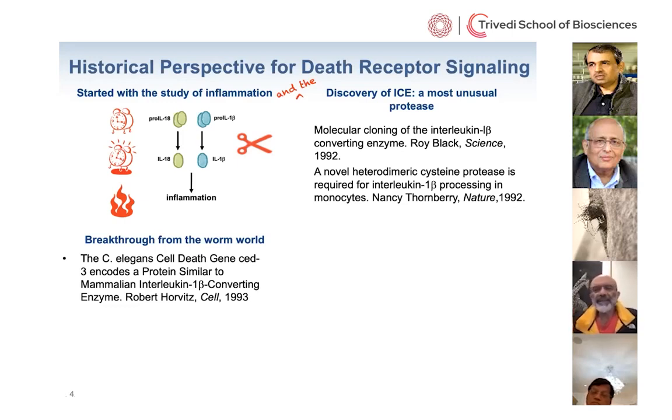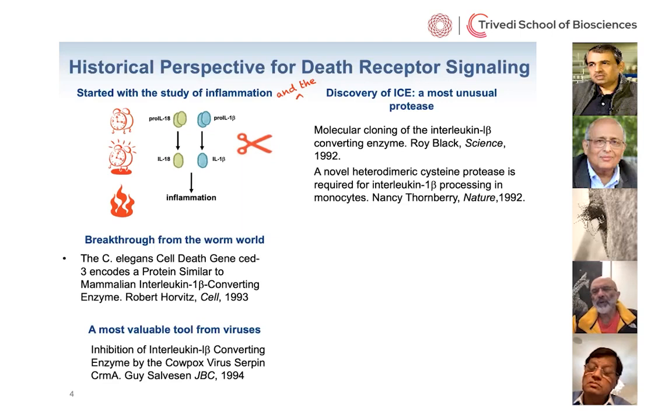Then one day they ran it through the databases, and lo and behold, it had sequence homology to interleukin-1 converting enzyme, this enzyme that had been identified by workers in the world of inflammation who had no interest in cell death. So they realized that CED-3 must be a protease, a cysteine protease that cleaved after an aspartic acid residue. And it was for this work that Bob Horvitz got the Nobel Prize. So again, seemingly disparate fields coming together.